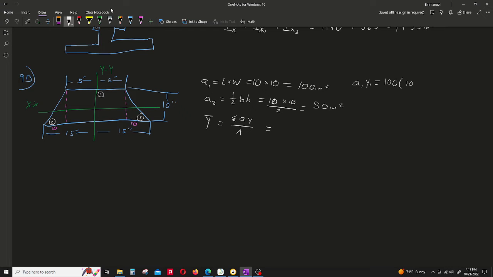So that's not going to be 10, it's going to be 5. Half of 10 is 5, and therefore we get 500. And then A2 y2, the centroid of that is, I think, h divided by 3, if I'm not mistaken. Let me see.